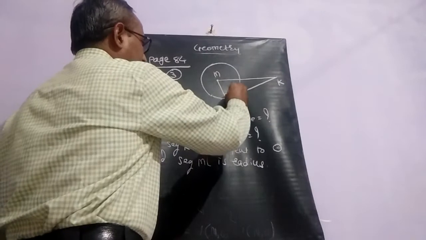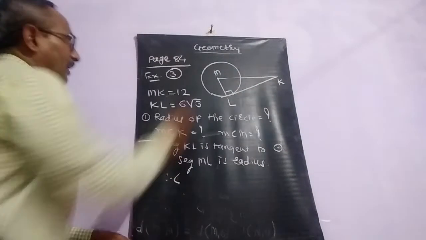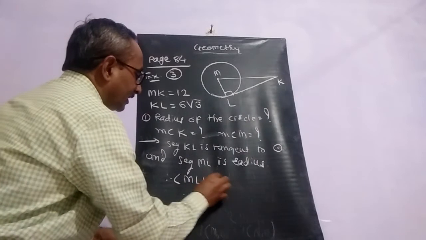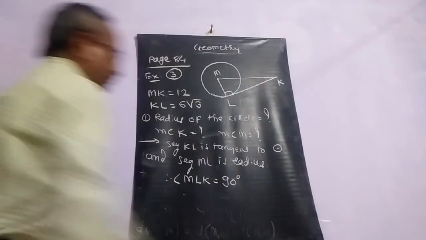So this angle is angle MLK. Angle MLK is equal to 90 degrees.